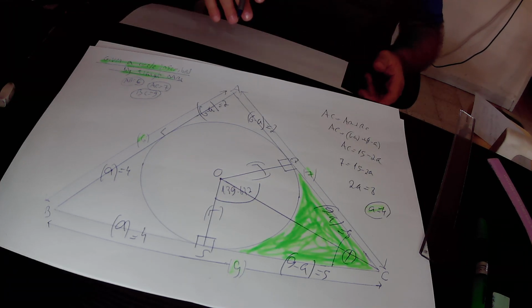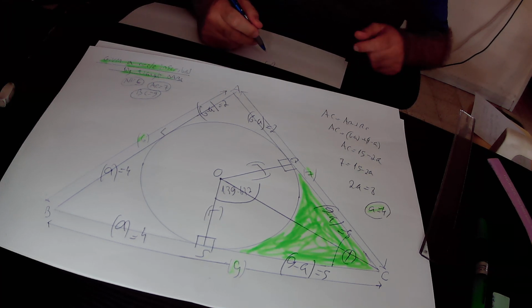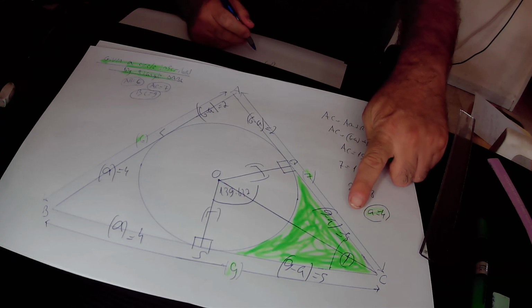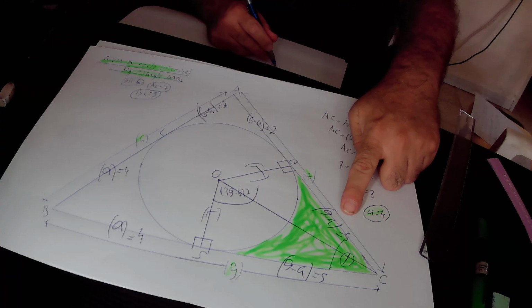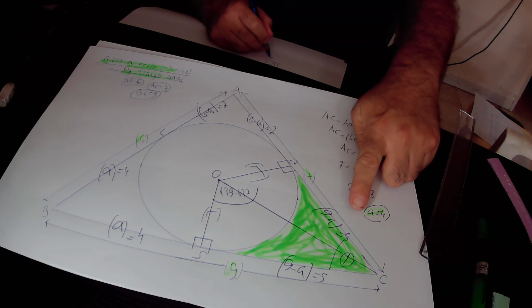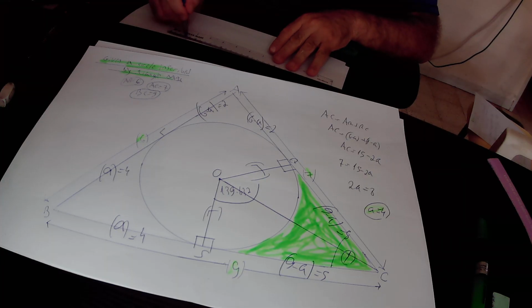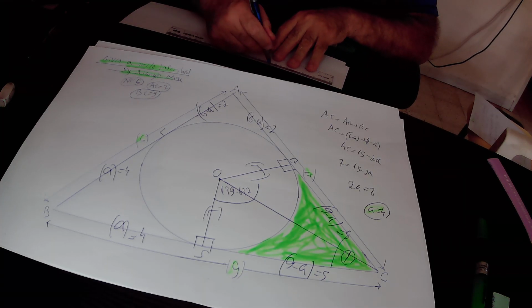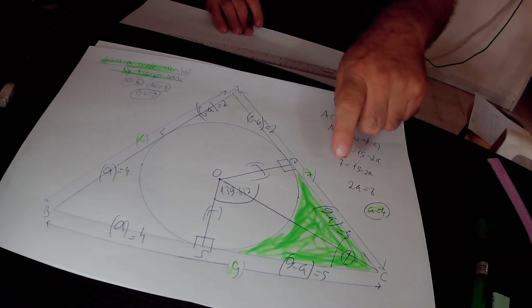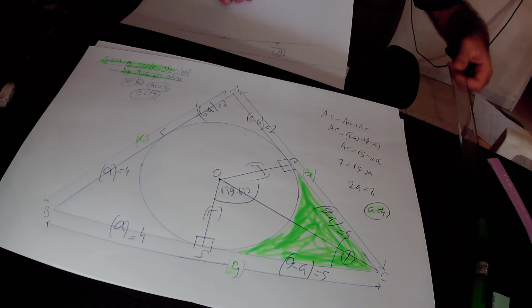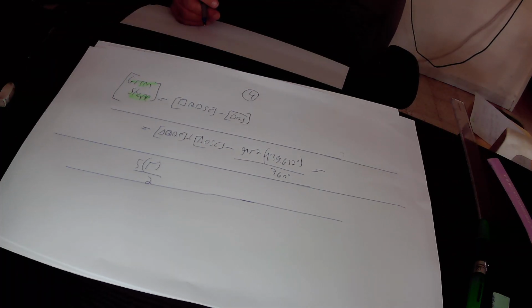The base OQ is R times the height QC, which is 5, divided by 2. So the area of the right triangle OQC is equal to 5R over 2 square units in size.